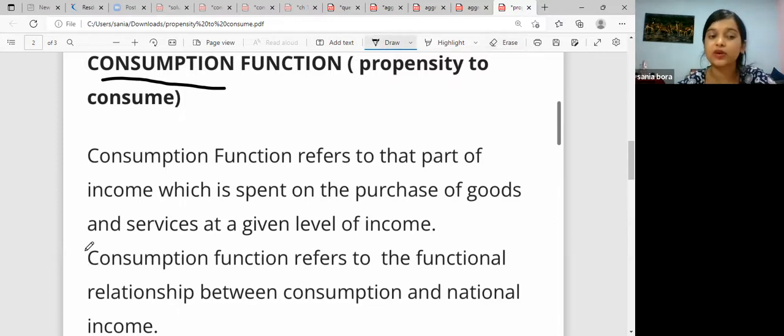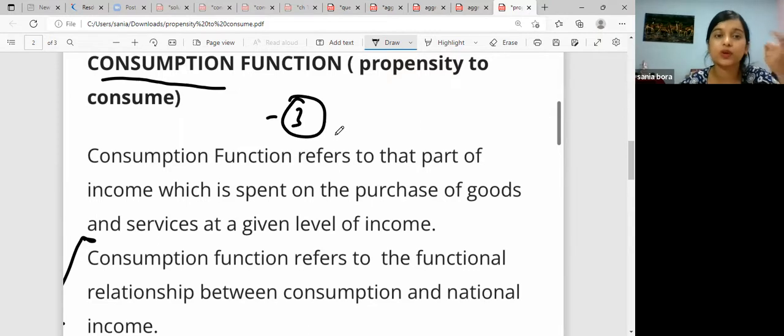This is basically your economic term. I have given you three or four definitions. Whatever you feel is good, you can write all of them, because that's important. Sometimes they give you a question for 3 marks, so at that moment you need at least 2 or 3 good definitions. But if they ask you in one line what is consumption function, you can use any of these.